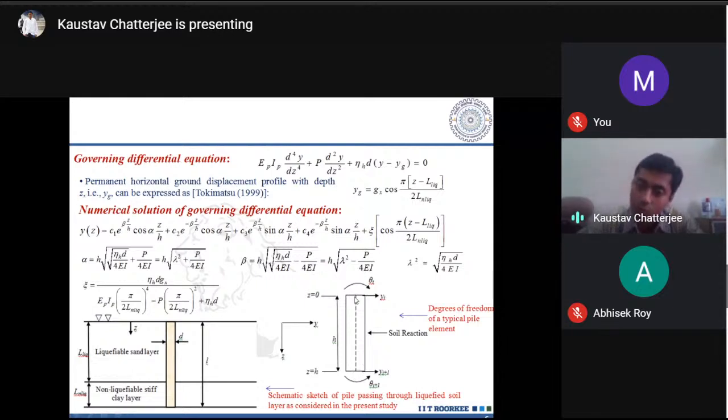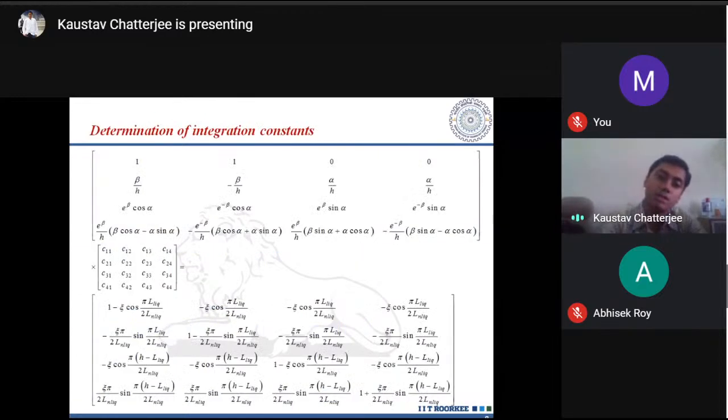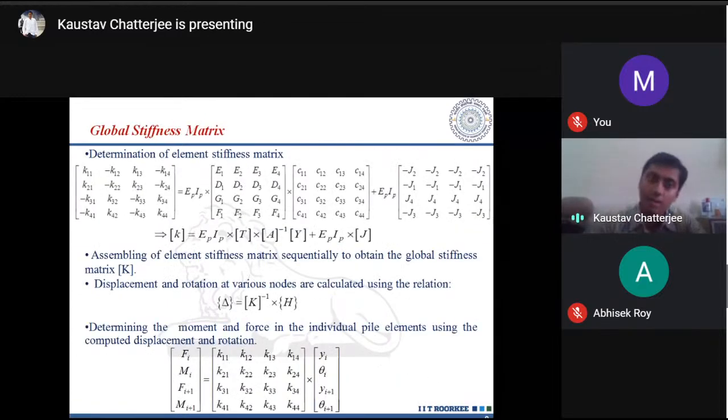Similarly, in this particular node, I'm giving a unit rotation. Then displacement is equal to 0 over here, and at the bottom, both displacement and rotation are equal to 0. In this way, I have taken this particular node, and based upon this only, I have written this particular matrix over here. Fine. Now, my next thing is how I can determine the element stiffness matrix.